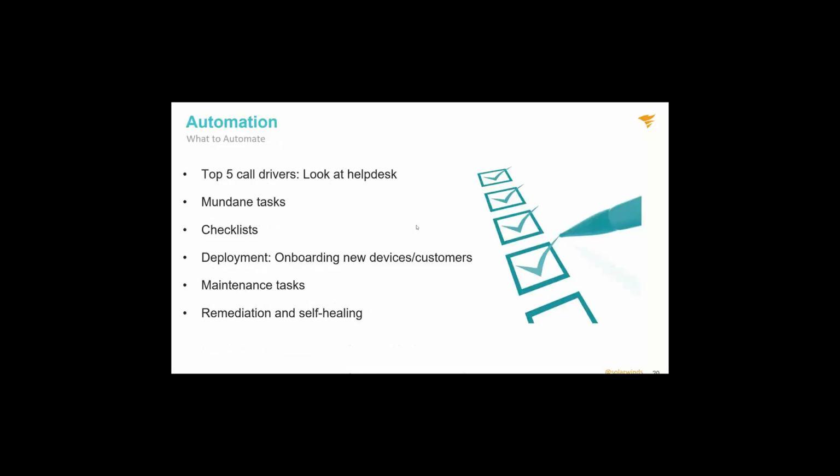So in these automations, what do we normally want to automate? Most of the time you will receive a call from your customer, but you can look at your top 5 call drivers here. Then you have mundane tasks. You might have a checklist that you'll be able to create. And then we are going to look at deployments as well.